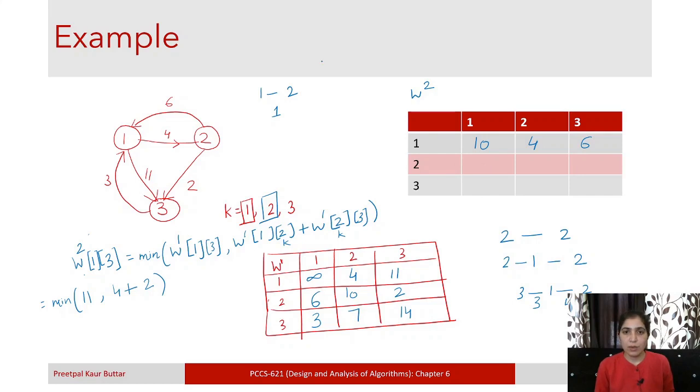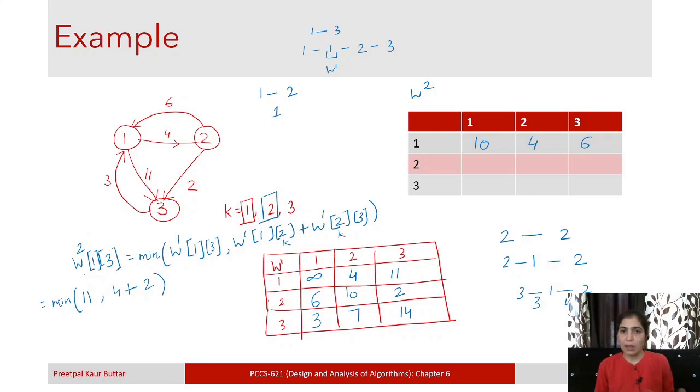Okay, so 1 to 3 intermediate vertices. Already we have considered vertex 1, right? Because we are considering W2 here, W1 here, and now 2 is also there, and the final destination, that is J, is 3. Okay, so we are not sure in W1 whether it was included or excluded, but we have considered it.